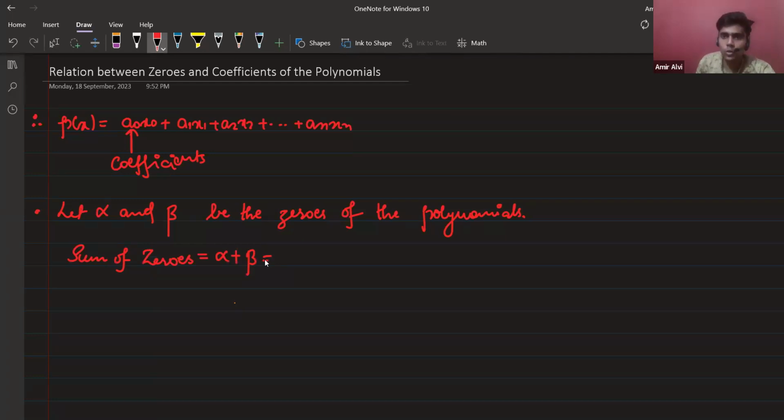So this is called minus the coefficient of x divided by the coefficient of x square. Yes, Hiba, you are right, dear. Basically, this is the general form.